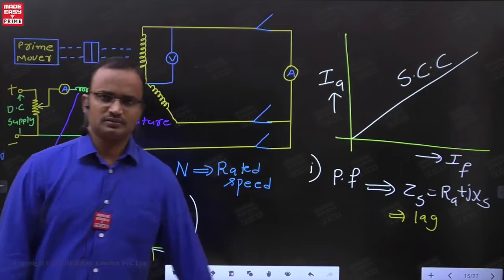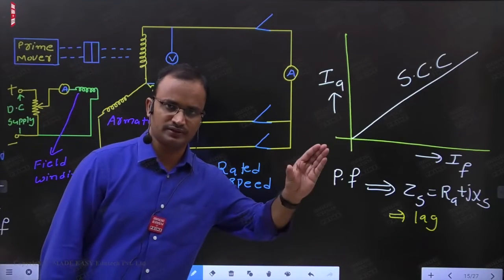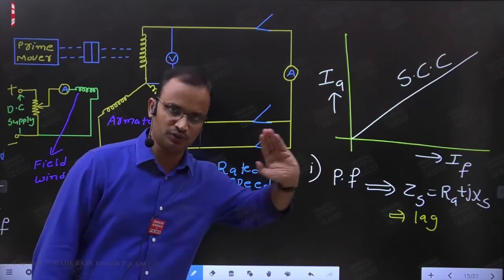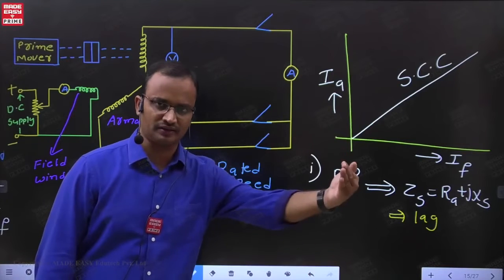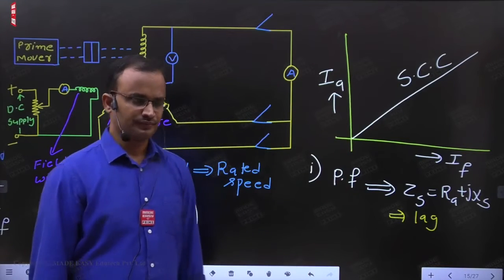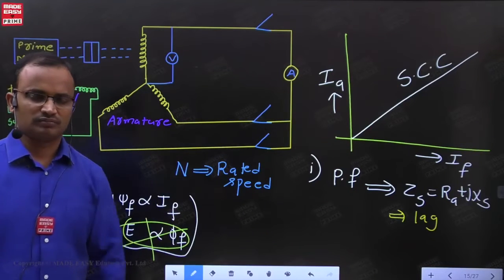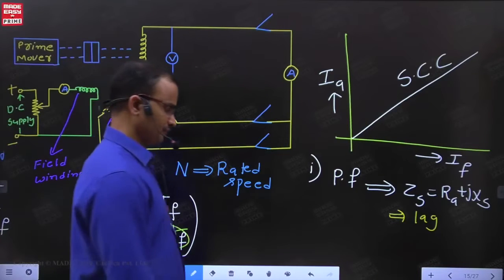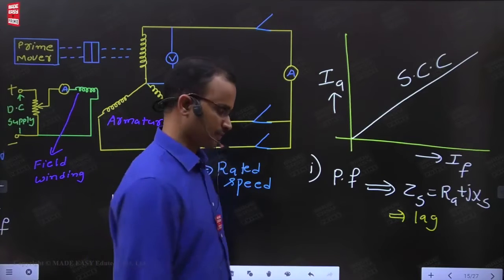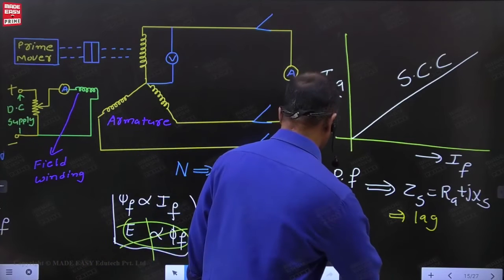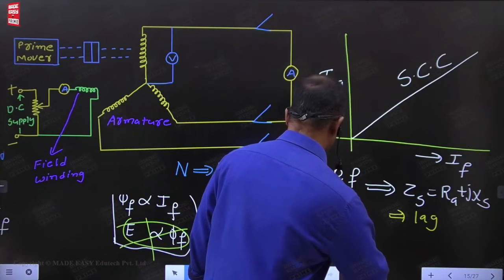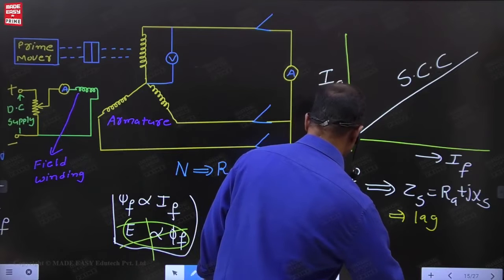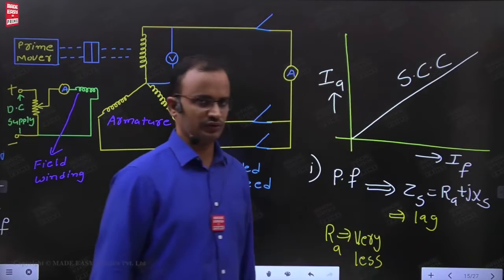And sometimes in the options they may give lagging power factor, leading power factor, unity power factor, and more lagging. If the option is more lagging, let us see how you can conclude. Previously we already discussed, corresponding to the alternator, that the Ra value is very less, approximately only 1%.